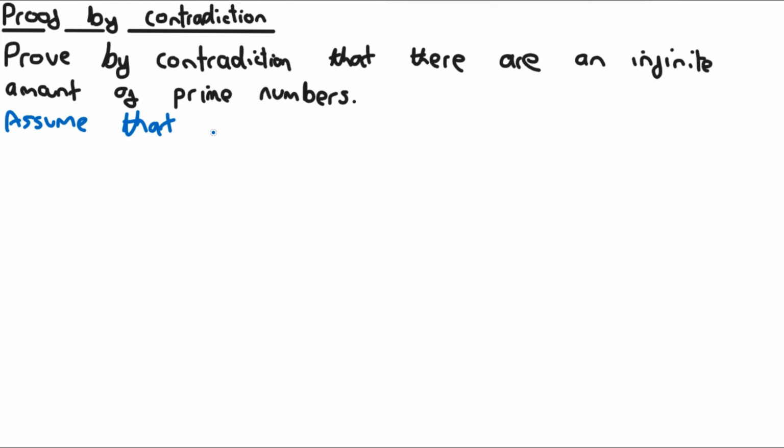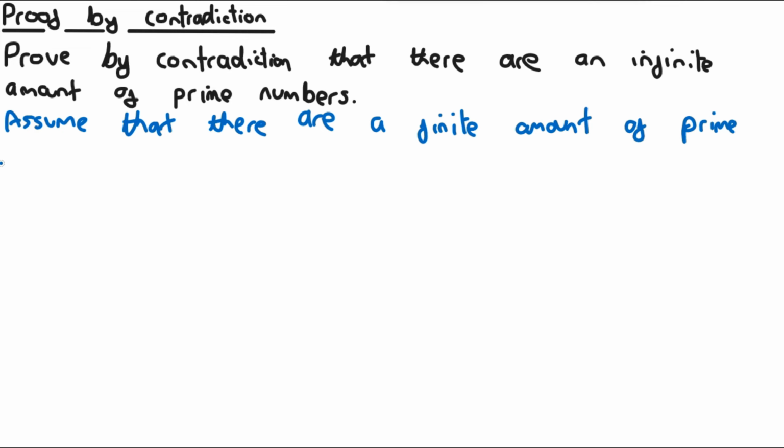So therefore, we're going to assume that there are a finite amount of prime numbers. Okay, so what can we do with this? Well, if there are a finite amount of prime numbers, therefore we can create a list of all prime numbers.